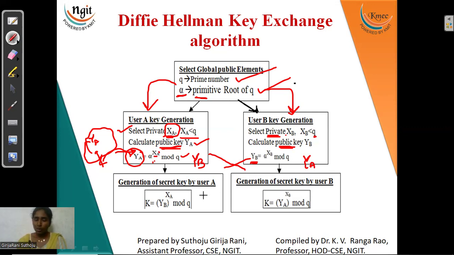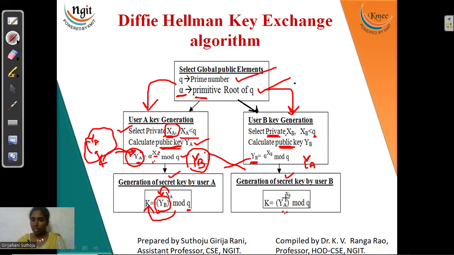Next point is to generate the secret key, that is, a common key which we are going to get after sharing the public keys. At the sender side, I have the receiver's public key YB. I am taking the receiver's public key and applying my private key, with respect to mod the prime number which I have, and I'll get one result as K. In a similar way, at the receiver side, I have received the public key of the sender, that is YA.